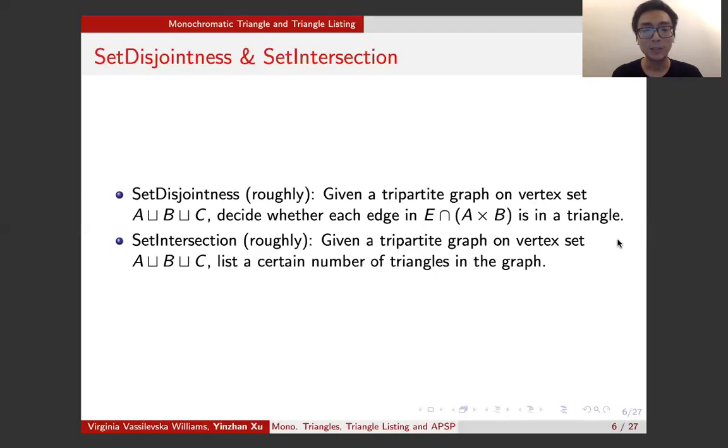For the set intersection problem, given the same kind of graphs, instead of deciding whether each edge is in a triangle, we need to actually list a certain number of triangles in the graph, where this number is also given as an input of the problem.